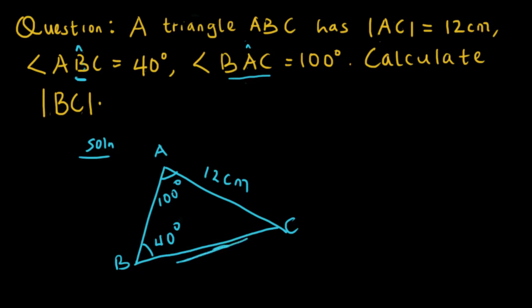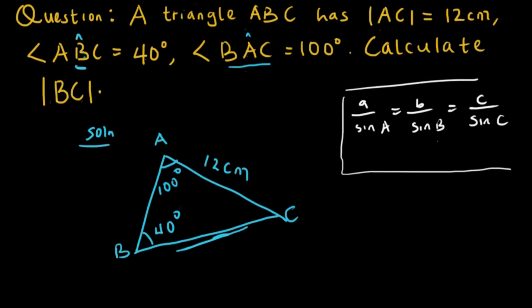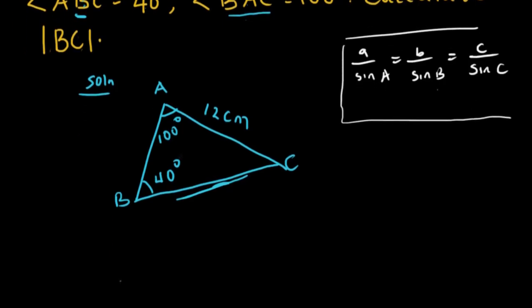If this is an exam, you need to recall the sine rule on a rough sheet. Remember, it's a over sine A equals b over sine B equals c over sine C. Now we can adapt this formula to the question. Is this side over the angle equal to this side over the angle?